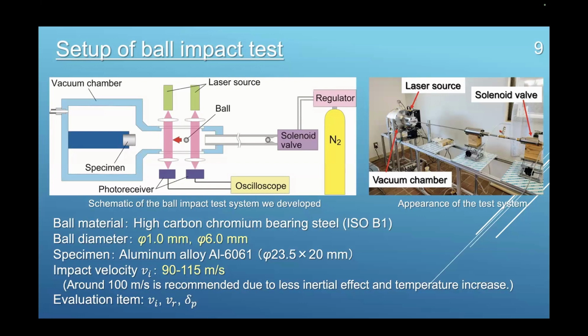The small balls with diameters of 1 and 6 millimeters, made of high carbon chromium bearing steel, were accelerated by nitrogen gas through a long pipe, and then impacted onto an aluminum alloy specimen at around 100 meters per second. The impact velocity and the rebound velocity were measured by these two lasers.